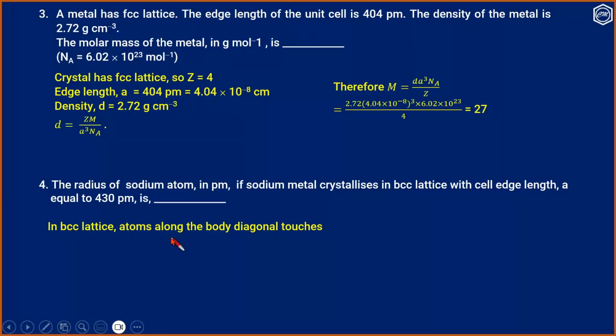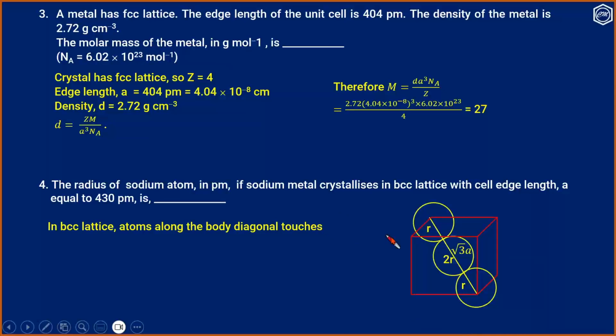In BCC lattice, atoms along the body diagonal touch. So this is the body diagonal. Atoms at the corners and the center. So therefore, atoms in the body diagonal touch each other. Body diagonal is root 3a. It consists of 4 radii.